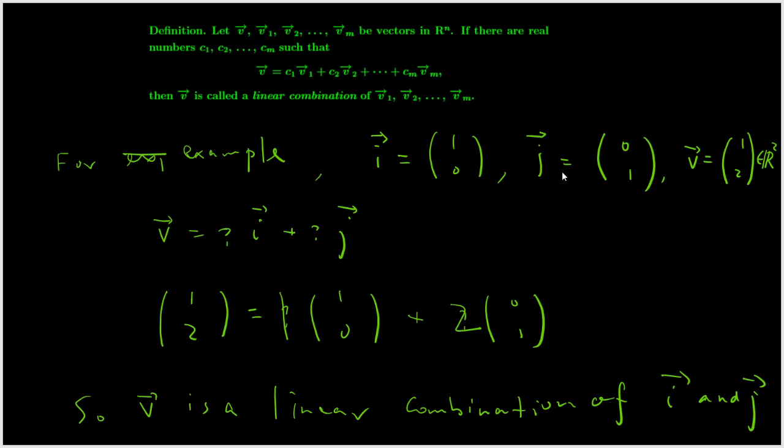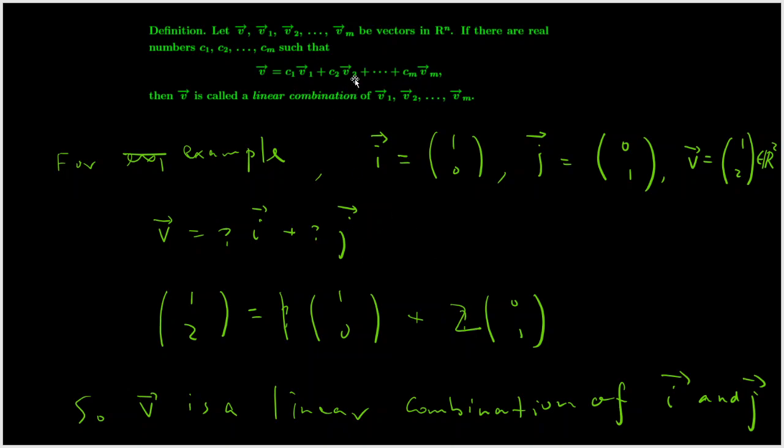I'm trying to compare the general case and the special case. If we can find the numbers, let's say c1, c2, up to cm, so in this case the numbers 1 and 2, satisfying the equation, you compare the equations.